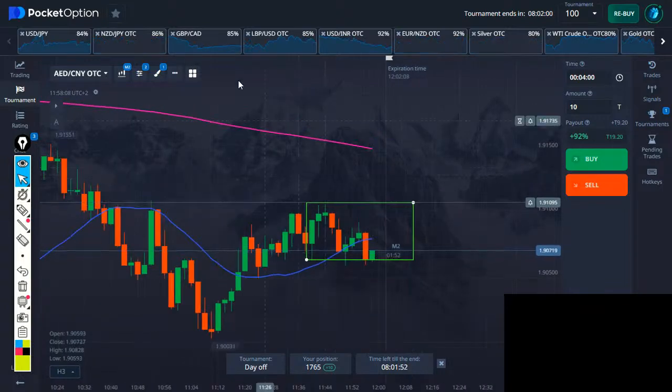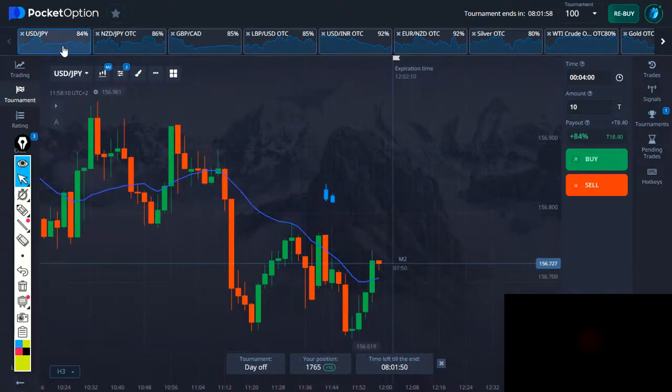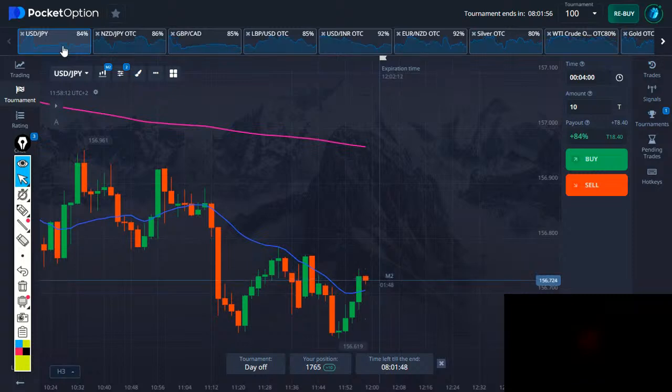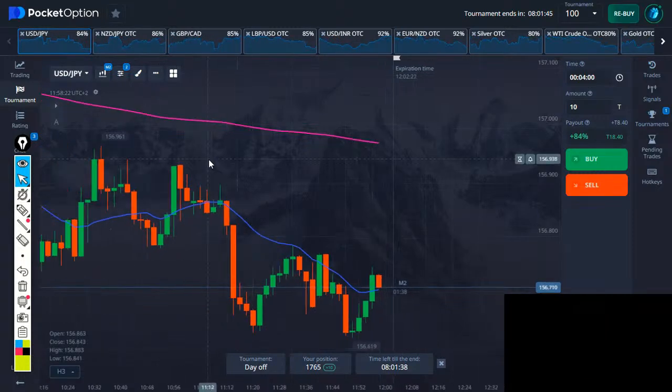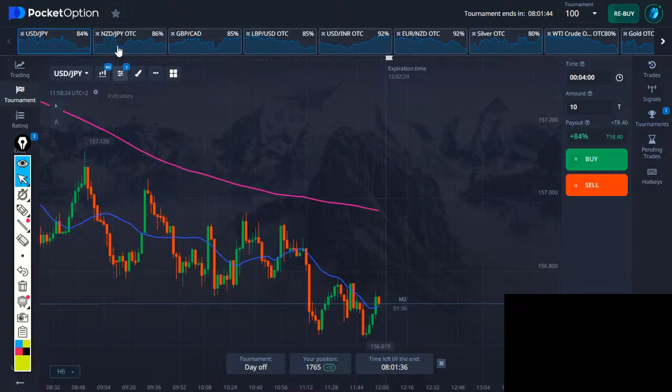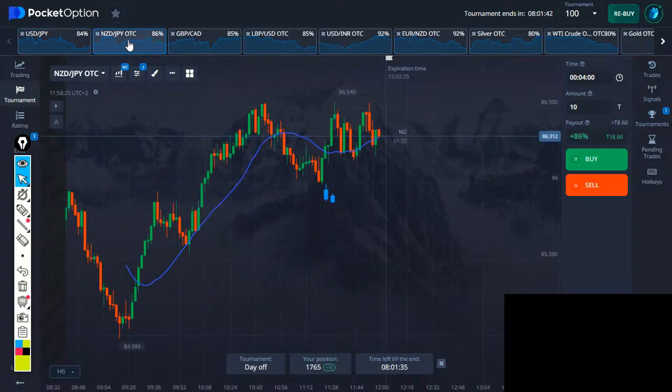Okay, now we have a different situation. Anyways, this strategy works on all time frames: 2 minutes, 15 minutes, 5 minutes, 1 hour, 4 hours, daily chart, 1 minute chart. However, I prefer not to use the 1 minute chart, it's too noisy. The 2 minutes is perfect for that kind of scalping situation.